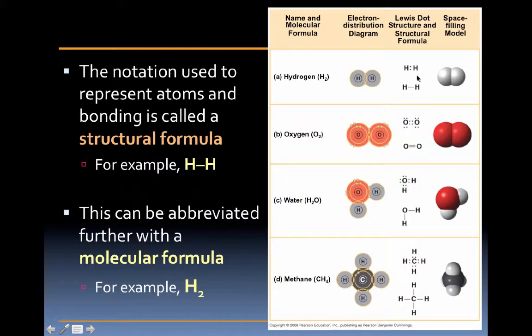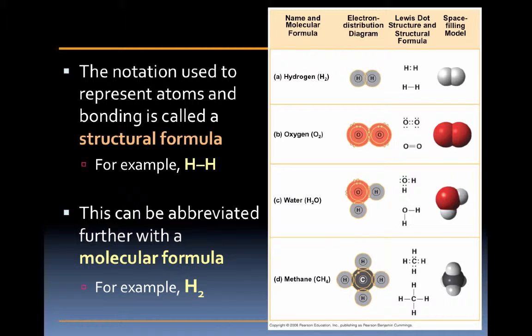A Lewis dot structure focuses on the shared electrons. The structural formula is what you'll see mostly in this class, where we can draw solid lines to represent each covalent bond. And then the space-filling model is a more realistic representation of the actual 3-dimensional shape of each of these molecules.